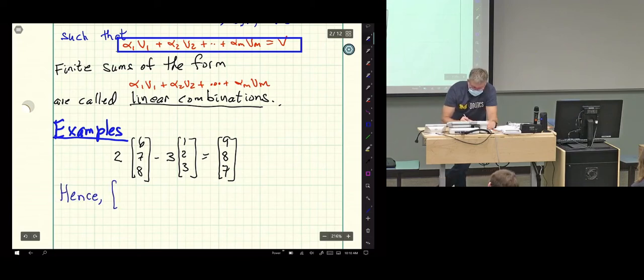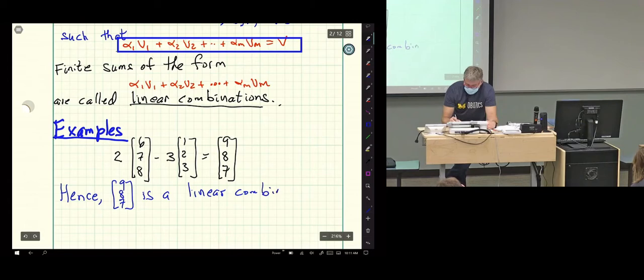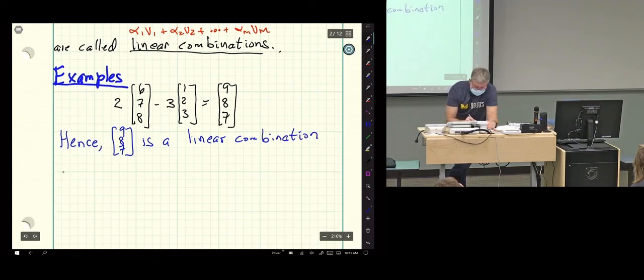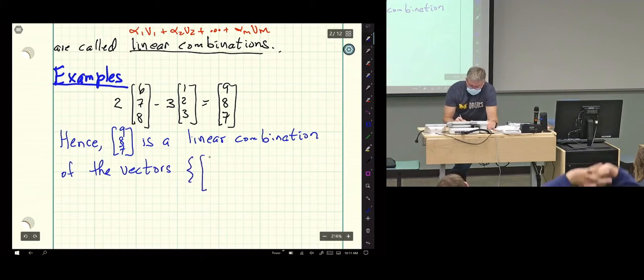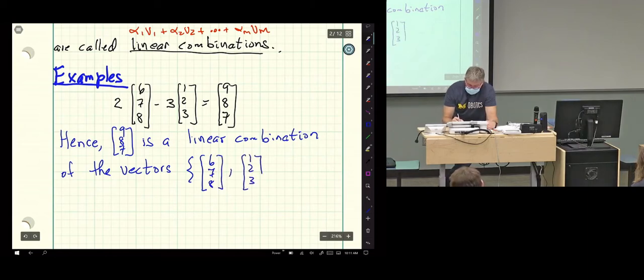So hence the vector 9, 8, 7 is a linear combination of the vectors 6, 7, 8 and 1, 2, 3.